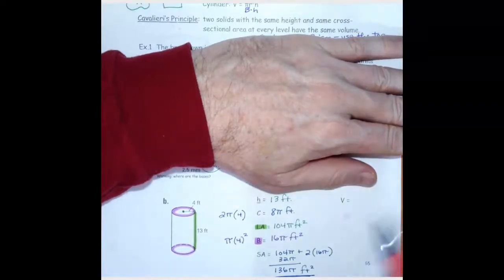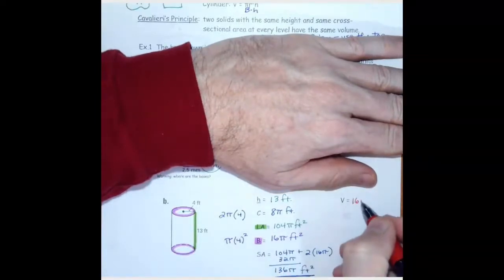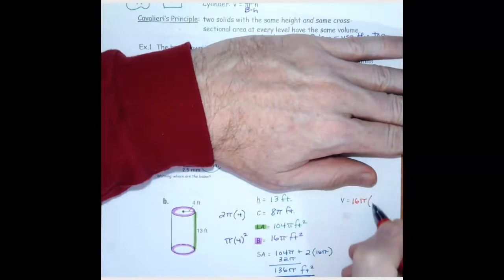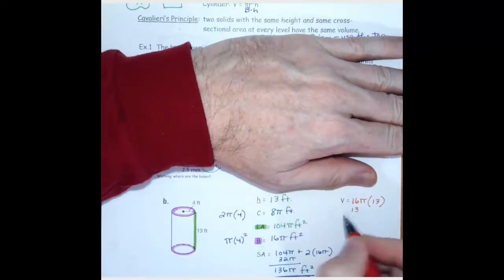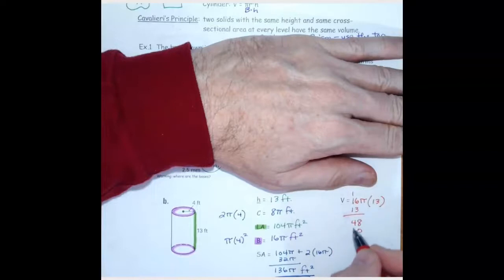Okay, now if we move over here to find the volume, we have the base area, which is 16 pi, times the height, which is 13. So I'm going to write that over here. That's going to be 208 pi feet cubed.